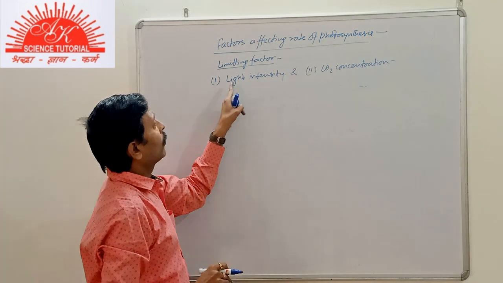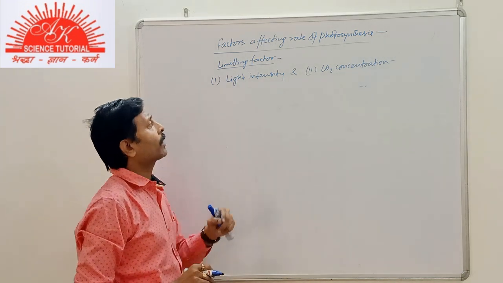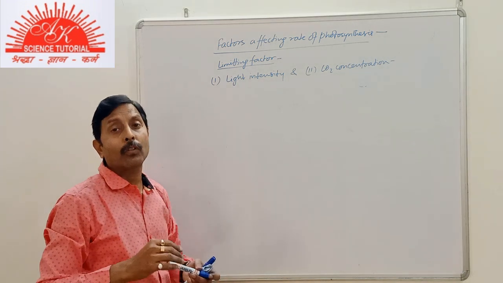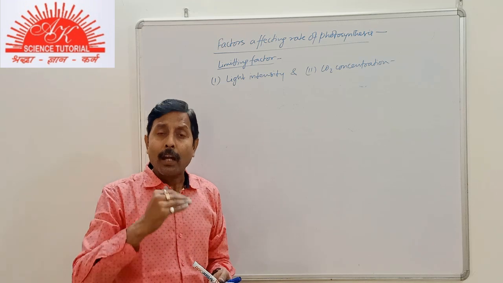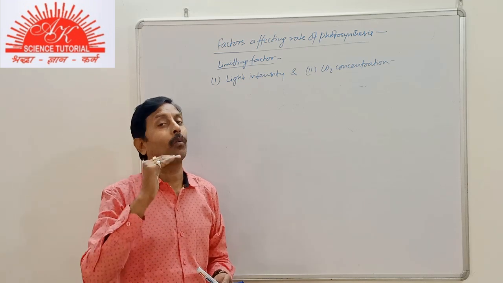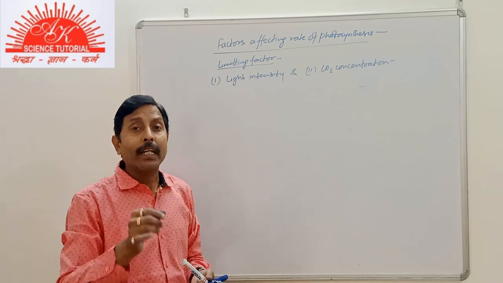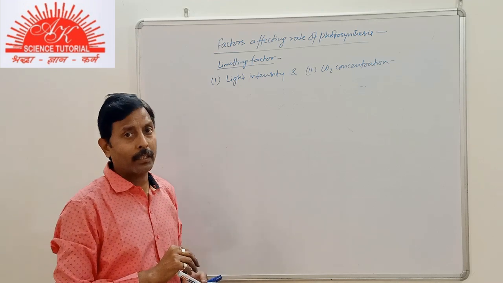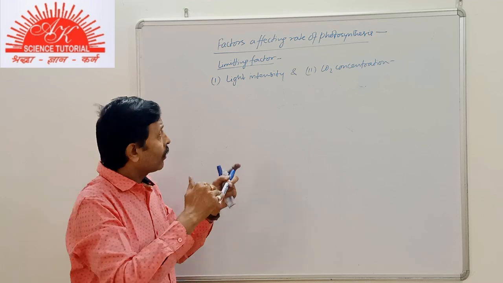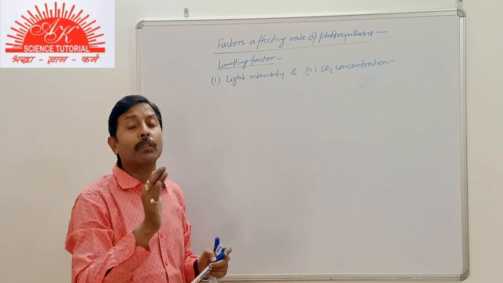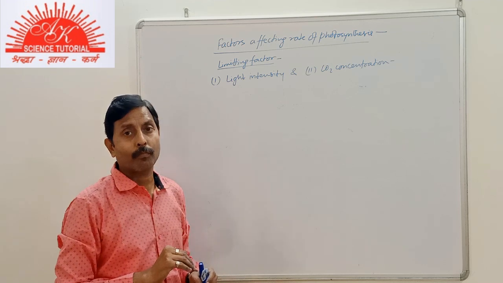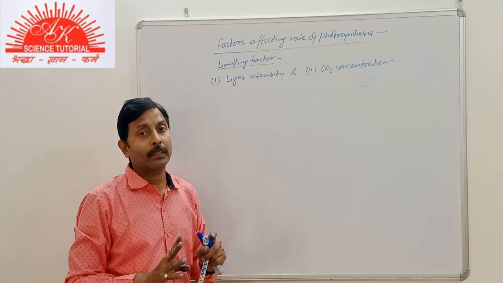But we know with increased intensity of sunlight, the rate of photosynthesis will start to increase. But after some time, it will become constant. That is, it will get stabilized at a certain rate. Even though there is further increase in light intensity, the rate of photosynthesis will not increase at that time.